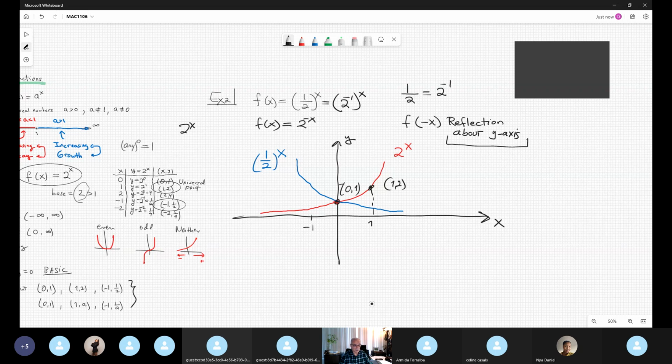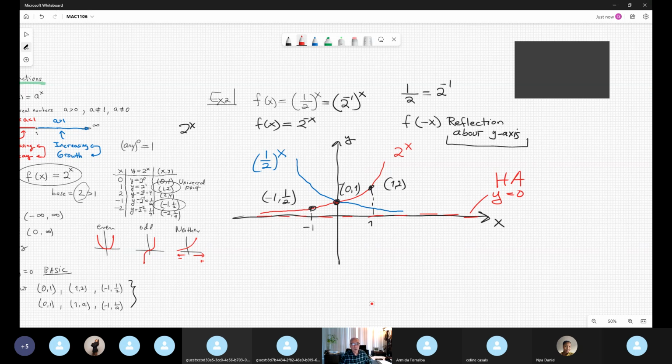Look here, I try to explain. 2 to the negative 1 is 1/2. This point would be (-1, 1/2), because the negative exponent is the reciprocal, and the reciprocal of 2 is 1/2. These are the three typical points. And also we have the famous horizontal line, which in this case is on the x-axis, y equals 0. This is the horizontal asymptote.